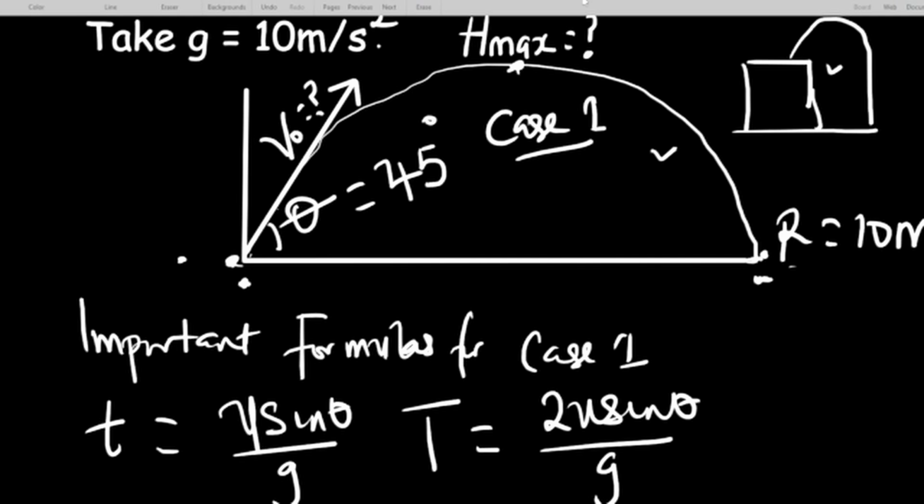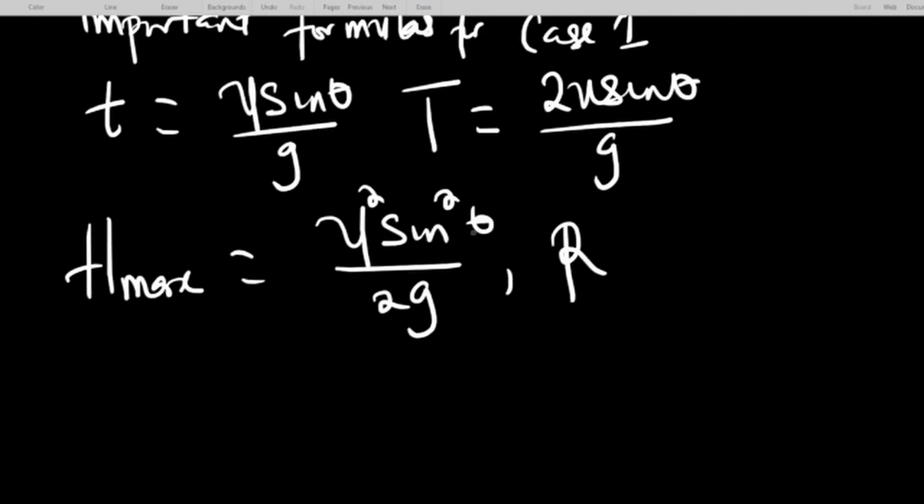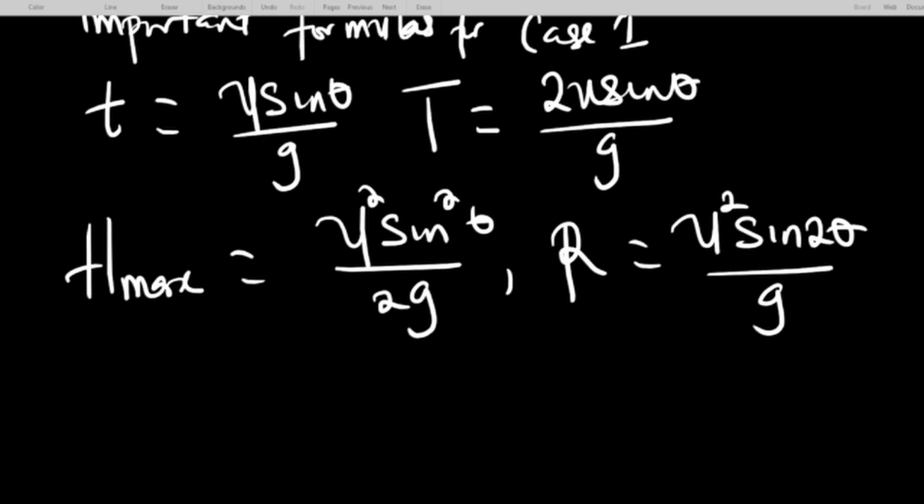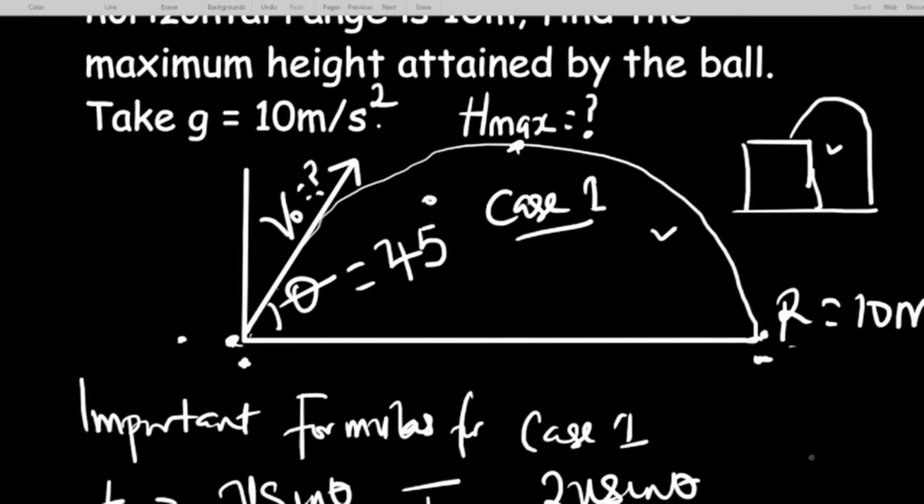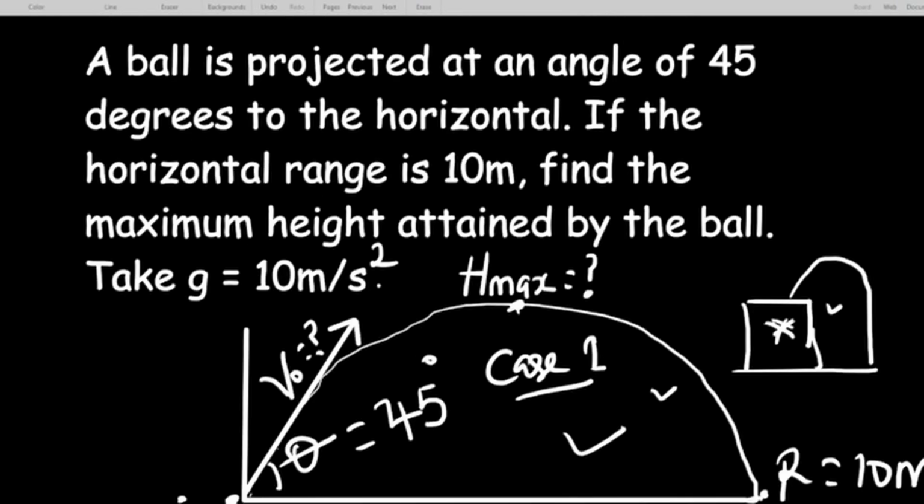To calculate the range, the formula for this case is u squared sine 2 theta all over g. So these are the 4 important formulas that apply in case 1. These formulas do not apply here. Don't forget, they only apply in case 1 when the object is projected and lands on the same plane.